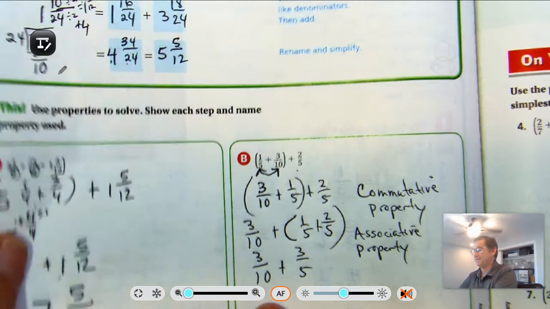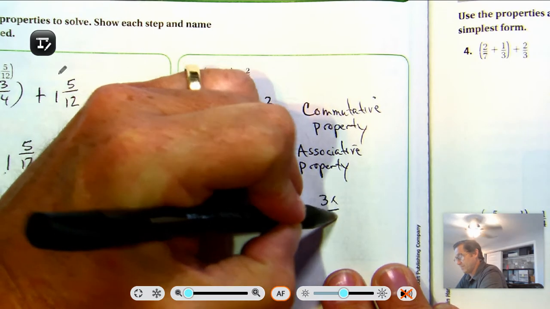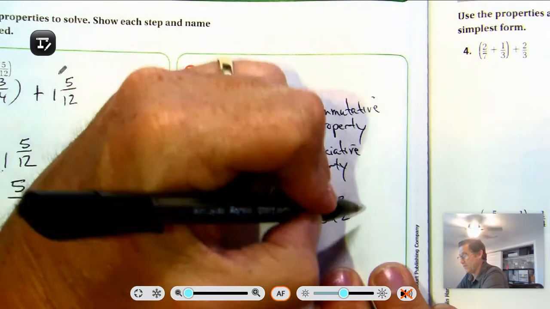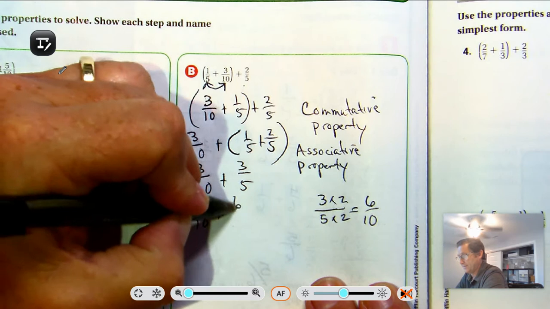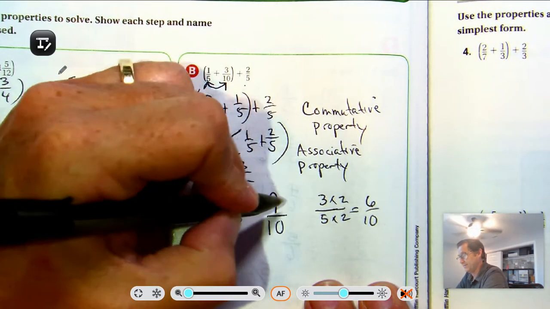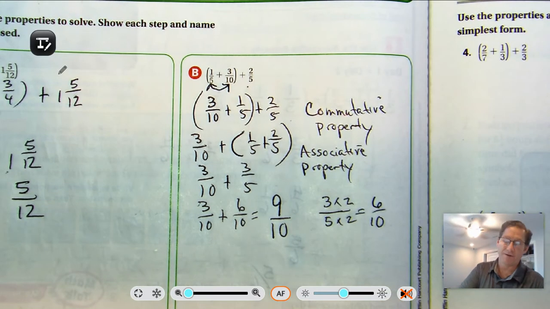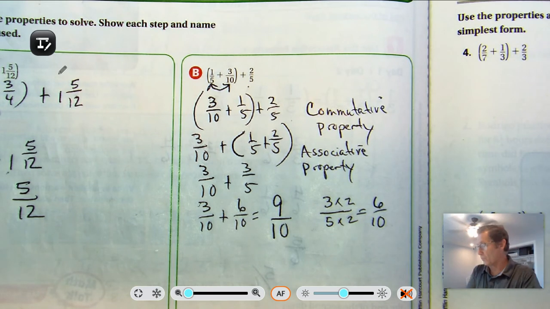Well, I can't add tenths and fifths, but hopefully you recognize that fifths can turn into tenths by multiplying by 2. So 3 tenths plus 6 tenths is 9 tenths. Okay, 9's factors are 3 and 3, and 3 is not a factor of 10. So we are in simplest form there for part B.